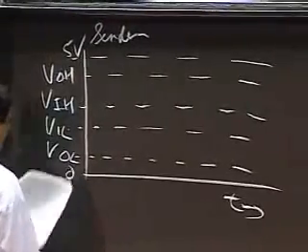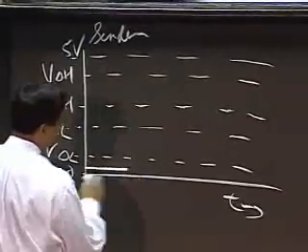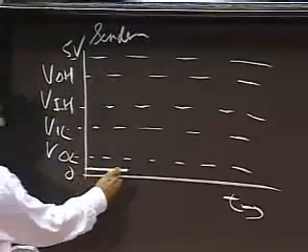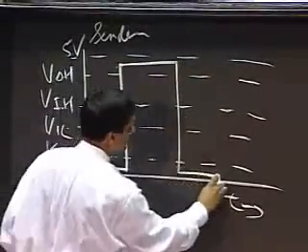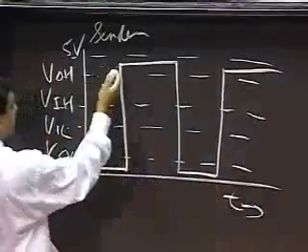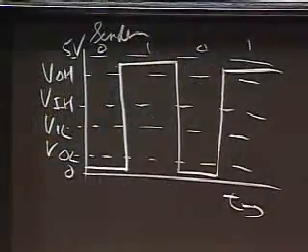Then, as a sender, if I want to send a 0, 1, 0, then I send a 0. I have to be within this band. And then for a 1, I have to be within this band. So this is an example of, say, 0, 1, 0, 1.